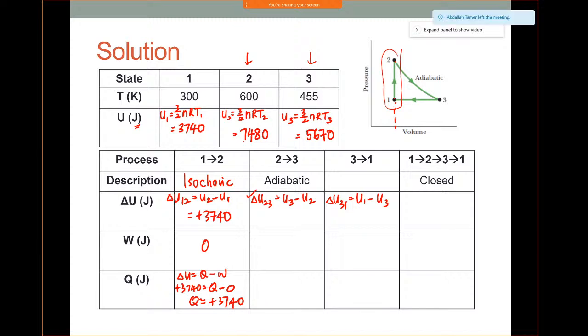What is delta U23? Negative 1,810. How about delta U 3 to 1? Negative 1,930.